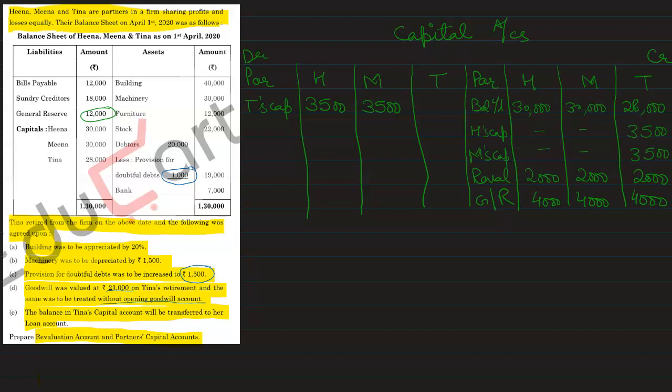So these are the only entries for the capital account. While making this capital account, we will show the treatment of goodwill that I have explained earlier.